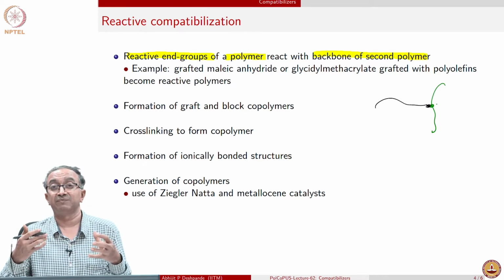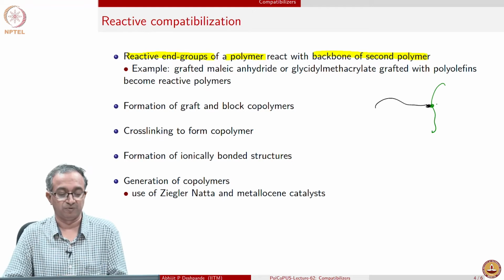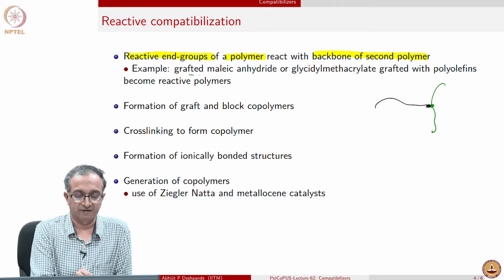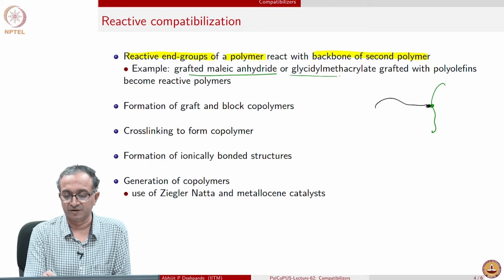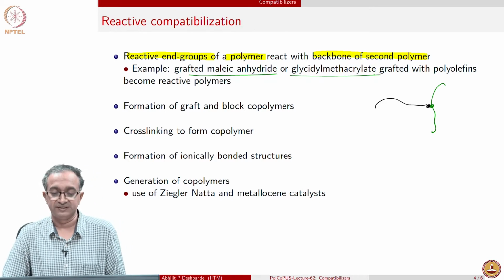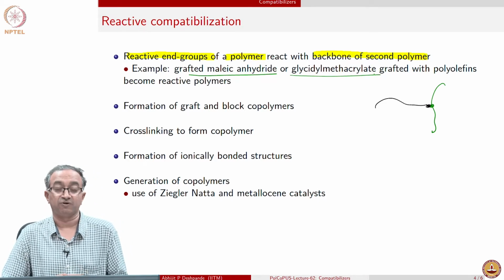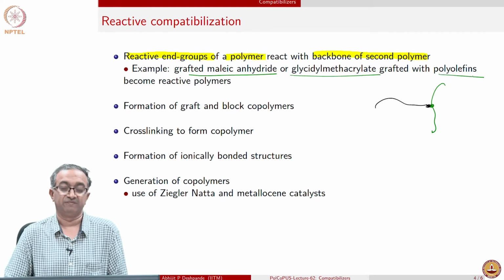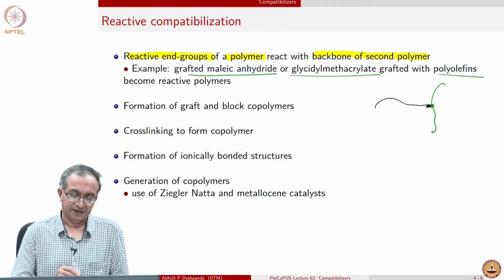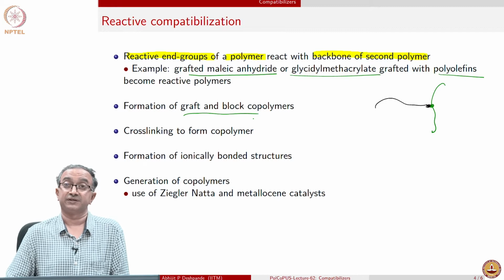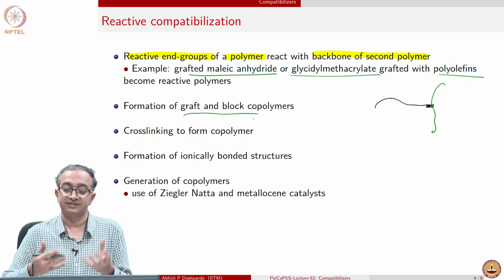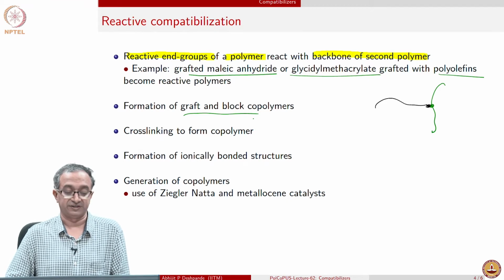And so, this way we establish connections between different macromolecular systems. Grafted maleic anhydride or GMA, as it is called, and glycidyl methacrylate are quite common examples for polyolefinic systems. Again, graft and block copolymers, if they can be formed by reactions, then they will act very well as a set of compatibilizers which are reactive.